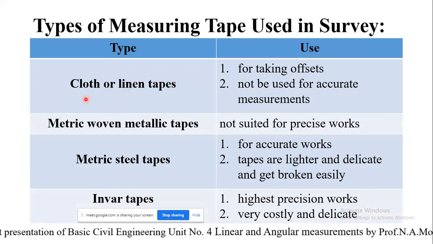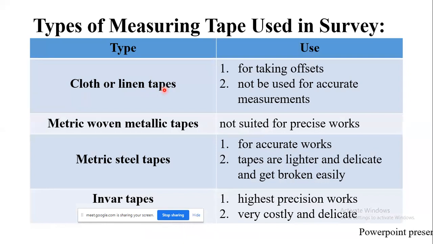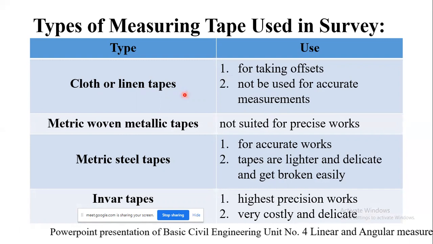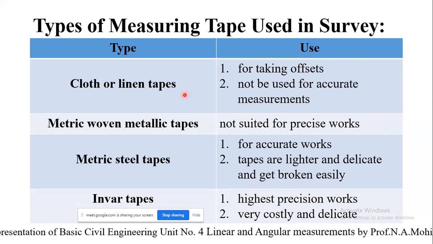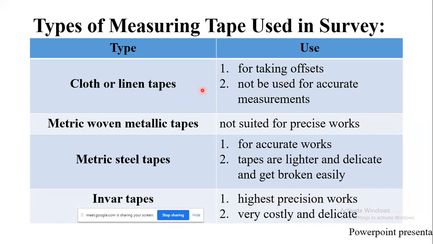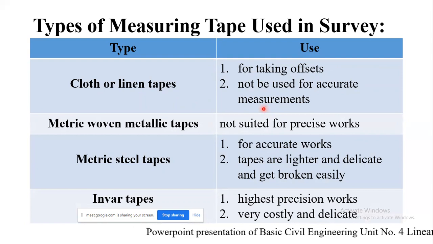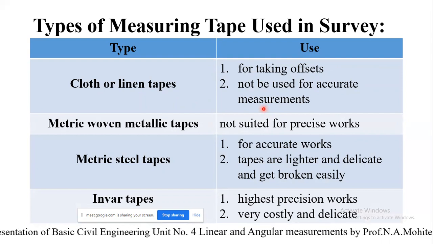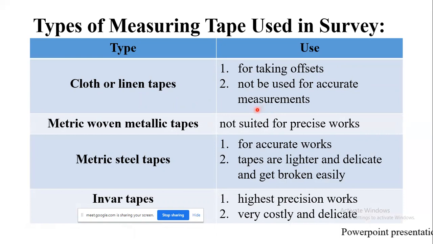Cloth or linen tape is made of closely woven linen and is varnished to resist moisture. These are used for taking offsets, and are not to be used for accurate measurements. It is 15 mm wide and available in lengths of 10 to 15 meters.